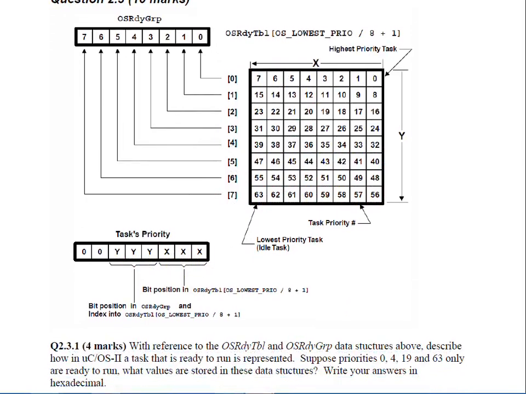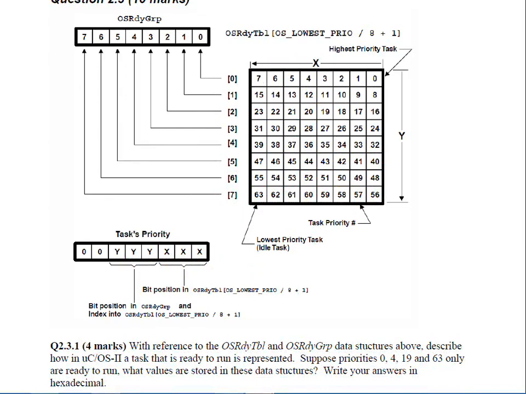So 0, 4, 19 and 63. So what's the entry in the OS ready group? Can anyone tell me what you'd expect to see there? Another one for each row that has one of those. It's set. Yeah, so 0, 2 and 7 is correct.